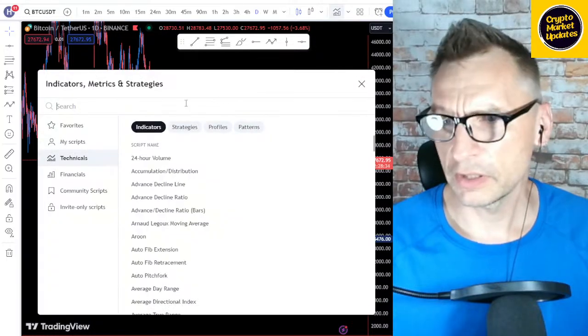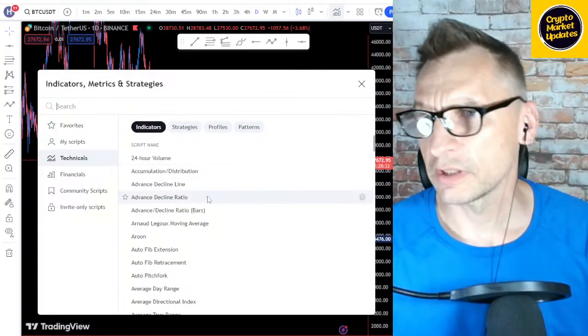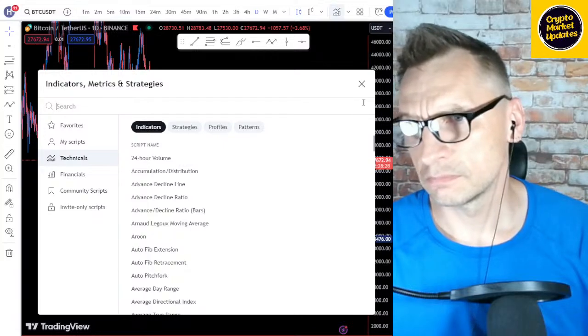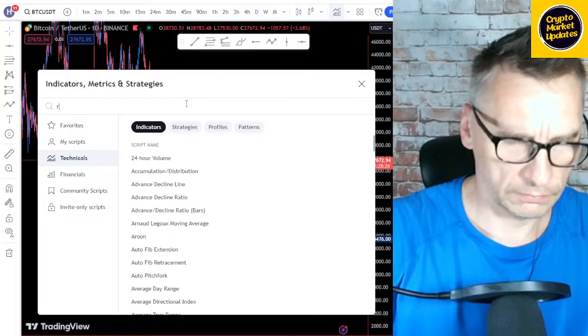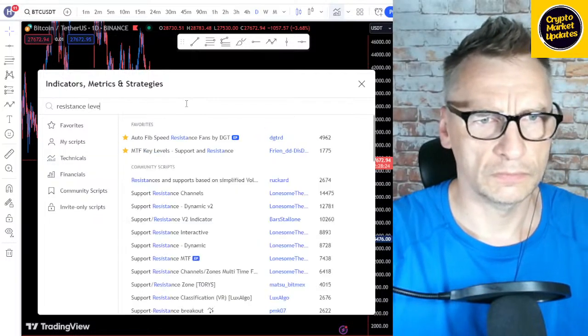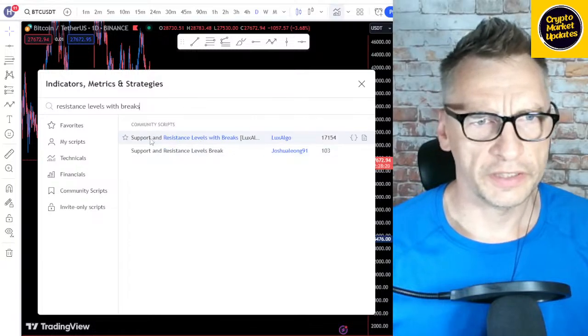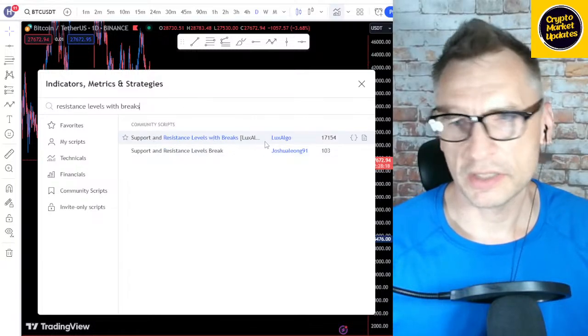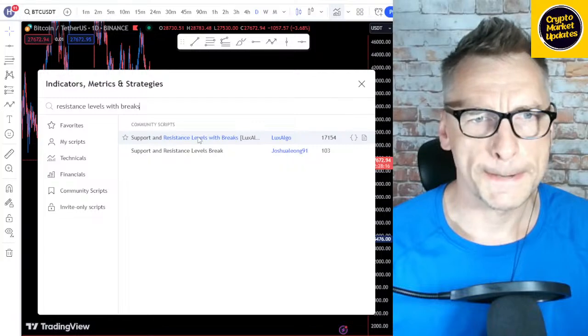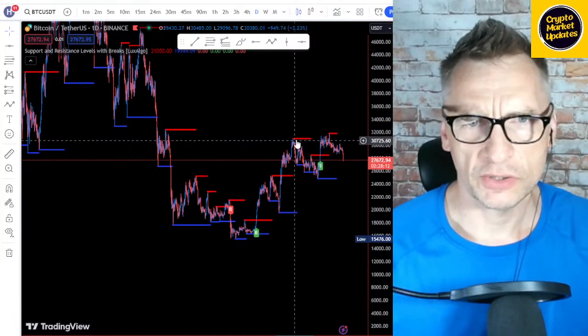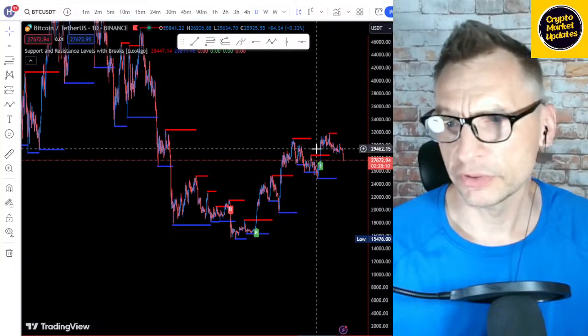Alrighty, so the indicator we're looking for is support and resistance levels with breaks by LuxAlgo. Click on that. That'll put it up, and so these are the resistance and support levels.